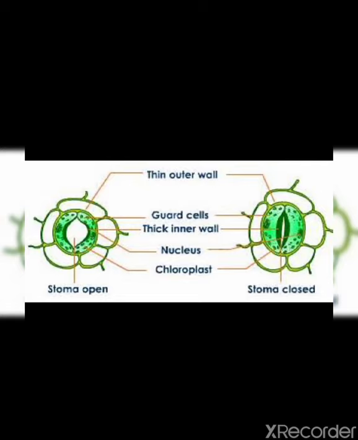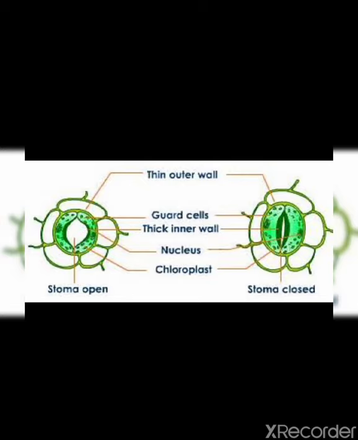You all know that during the process of photosynthesis, glucose is formed and some other chemical changes also take place, due to which the osmotic pressure inside the guard cells increases. Then what will happen? These guard cells will absorb more water from the neighboring cells.